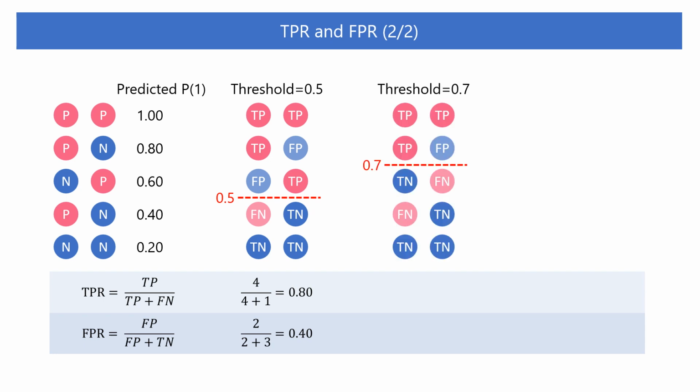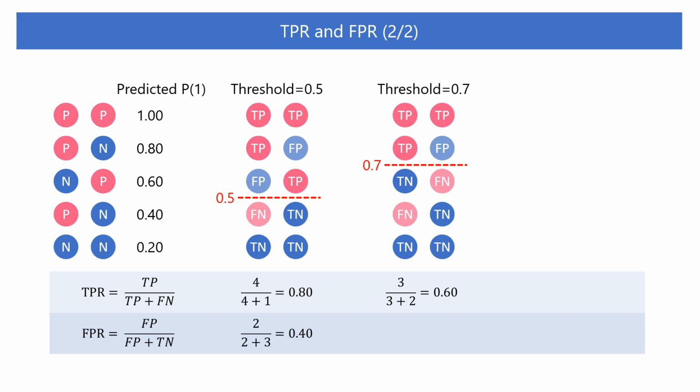Now, let's increase the classification threshold to 0.7. With the threshold raised, the number of data points classified as positive decreased to 4. It also increased the number of data points that are actually positive but are classified as negative, that is, false negatives. So, the TPR dropped to 0.6.